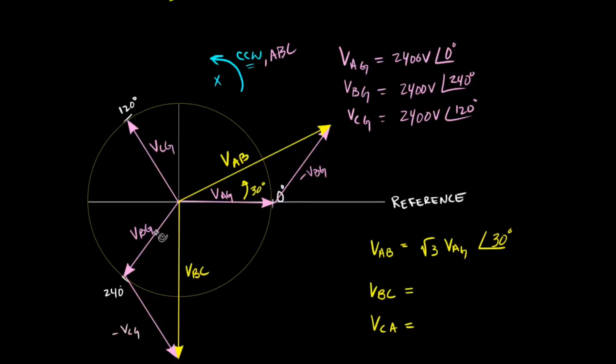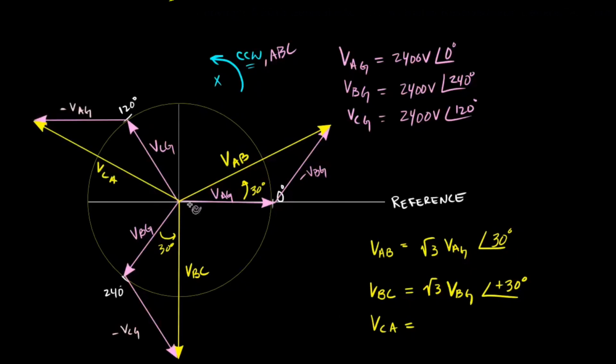So if we take VBG, rotate it by 30 degrees in the counterclockwise direction, and then multiply it by the square root of 3, that's going to equal VBC. Similarly, we'll do the same thing with VCA. Here's VCA, here's negative VAG. We take VCG, rotate it by 30 degrees in the counterclockwise direction, and then multiply it by the square root of 3 to equal VCA, which is this phasor here.